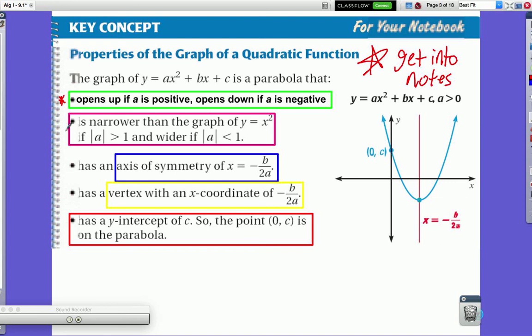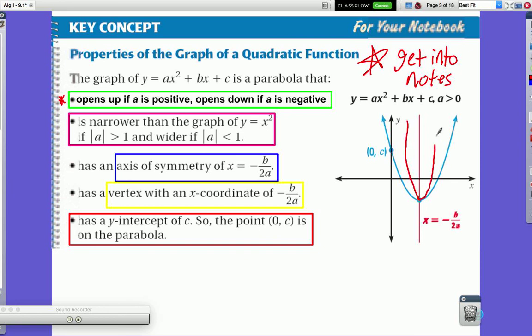We're going to do a little bit today with narrower and wider. The graph gets narrower if the absolute value of the A value is greater than 1. That means the graph gets narrower or skinnier. If this is our original graph, our second graph would get narrow like this.